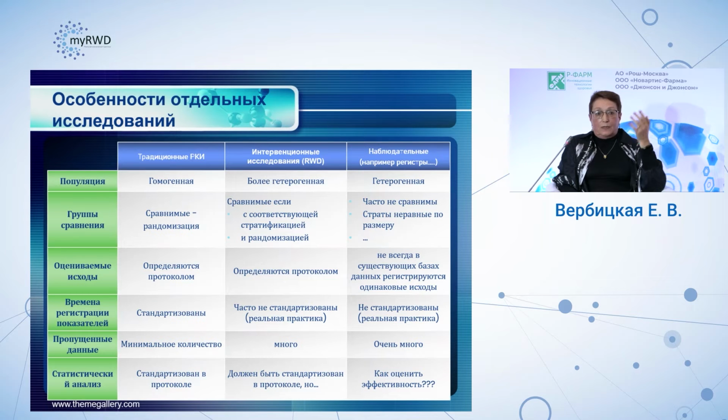Sometimes you look at the observational trials and try to unite all these trials into one cohort, into one system, and you get the situation when here it is registered by one questionnaire, and here it is defined by another questionnaire, so they do not match. The same happens in the registers. They are not standardized. Time points are not standardized.